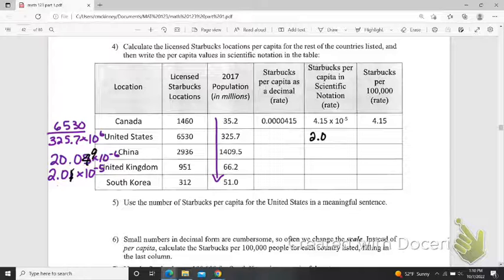So 2.0, I'm resisting my urge to just start redoing the video, times 10 to the negative 5th. And so this would be then 0.1234, and then our 2, 0.